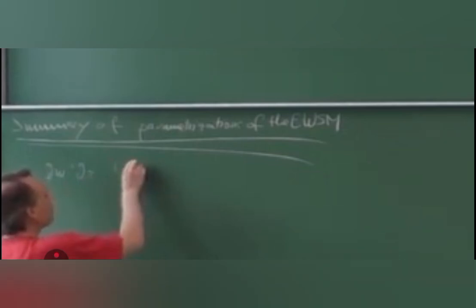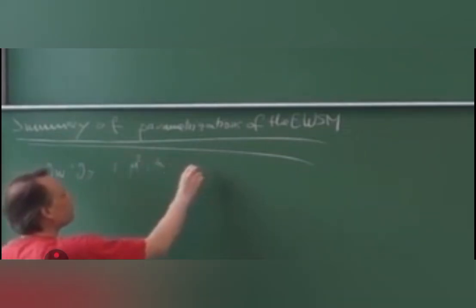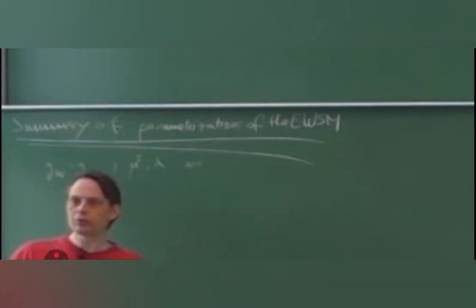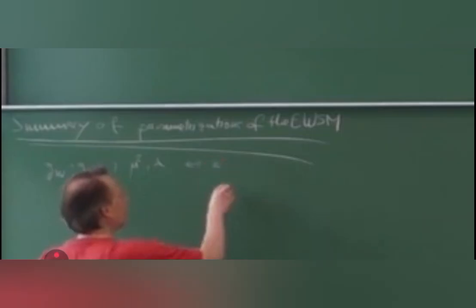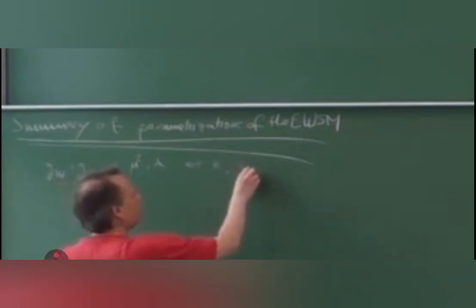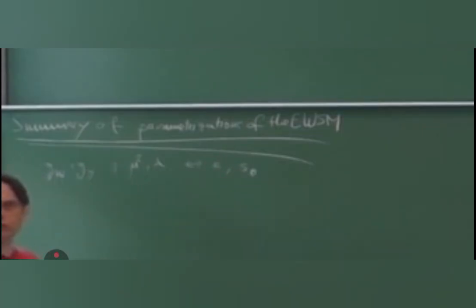So originally we have the 2 gauge couplings GW, GY, and we have 2 Higgs potential parameters mu square and lambda. And then we can reparameterize those 4 parameters which define the electroweak symmetry breaking sector in a variety of ways. First of all, we can introduce the electric charge E and the weak mixing angle theta and sine theta. That is the first thing that we did.